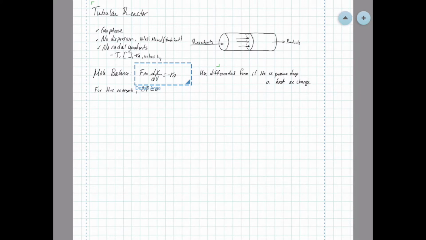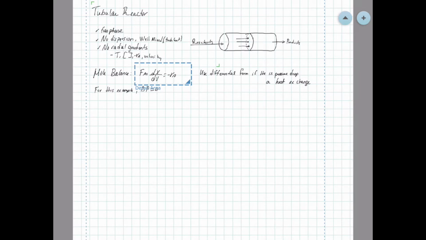In this particular case, there's no pressure drop. The same method applies when you have heat exchange in the reactor, so we will get back to this equation when we have those conditions.